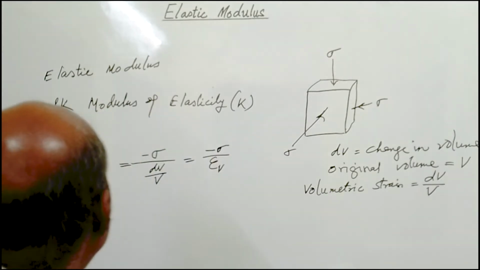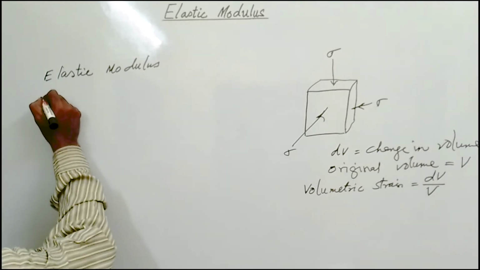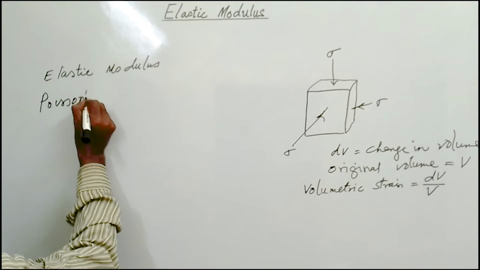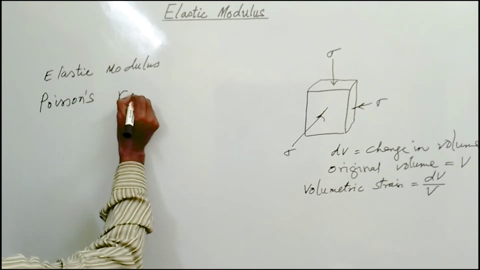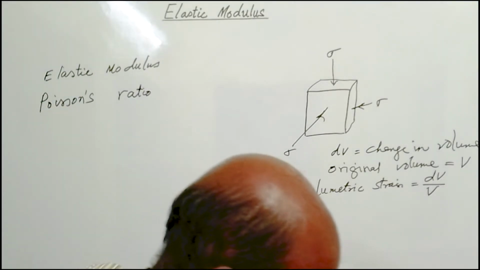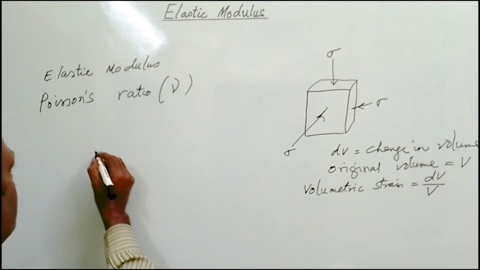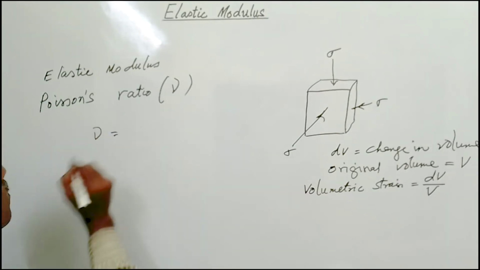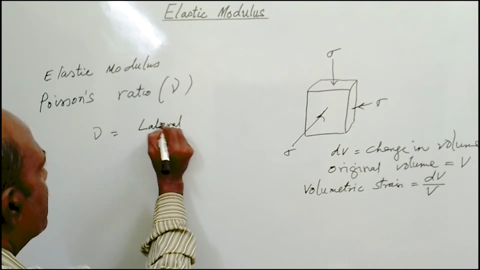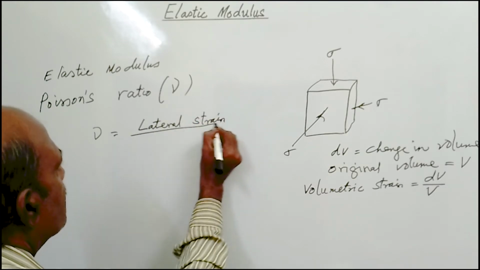Now we will see another elastic constant, that is called the Poissons ratio. Poissons ratio is denoted by mu, and mu is given by the lateral strain to the longitudinal strain.